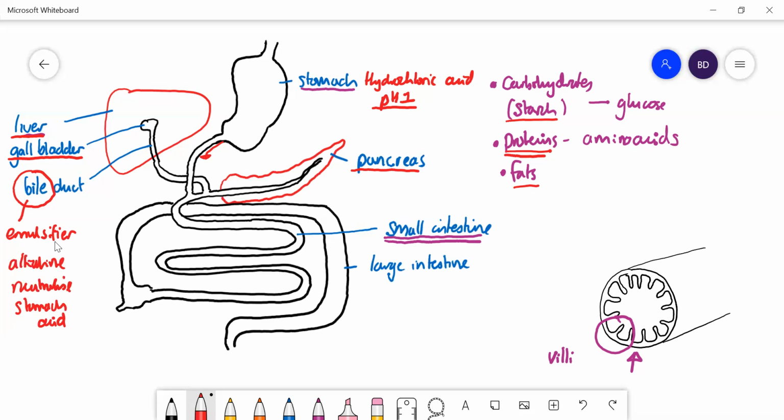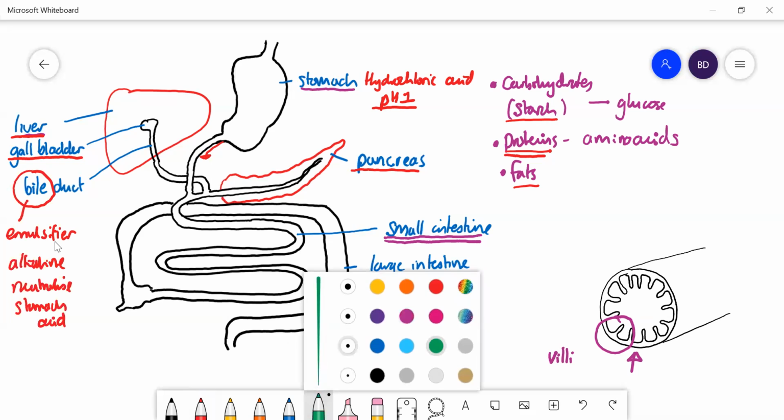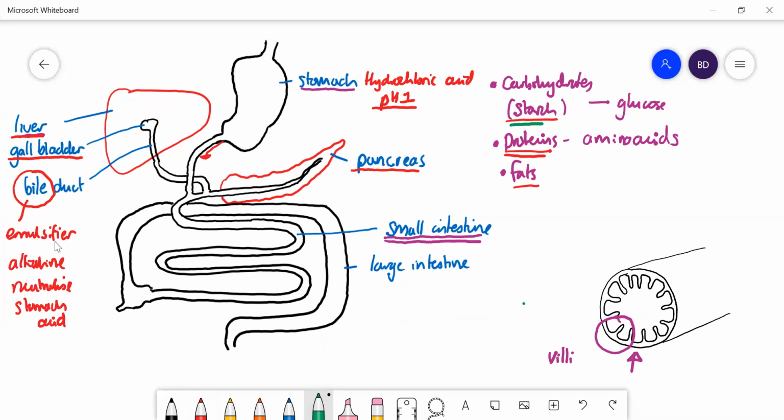So the pancreas actually makes an enzyme which can digest starch, an enzyme which can digest protein, and another enzyme which can digest fats. So the pancreas is one of the main digestive enzyme producing organs, and it secretes its secretions into the small intestine here, and they begin their work of breaking down the small molecules.